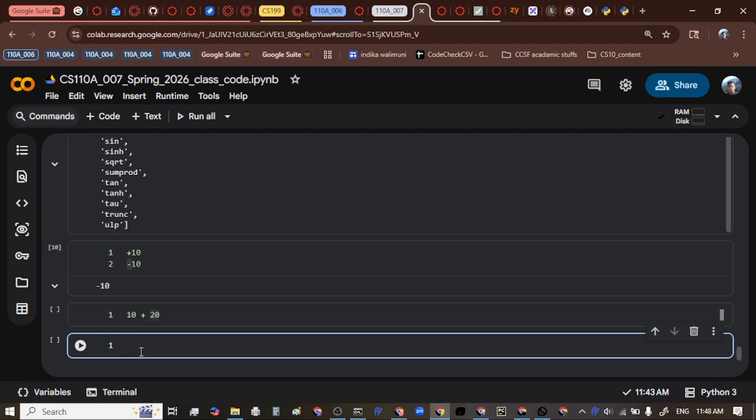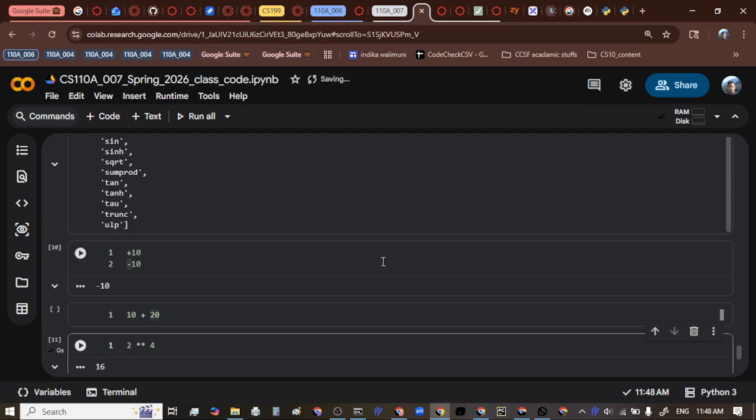Let's say I want 2 to the power 4. It's 16, right? It's also a binary operator, because we have 2 operands: operand 1 and operand 2.